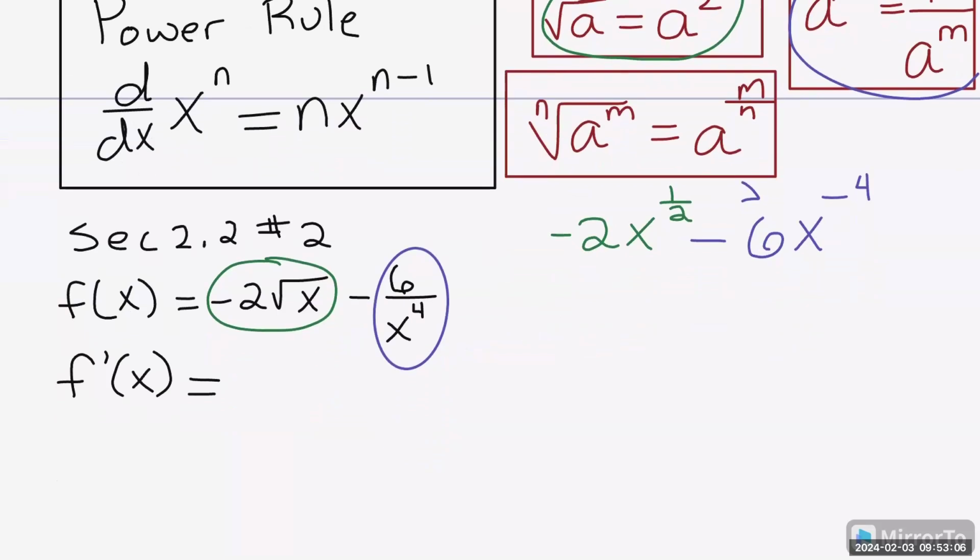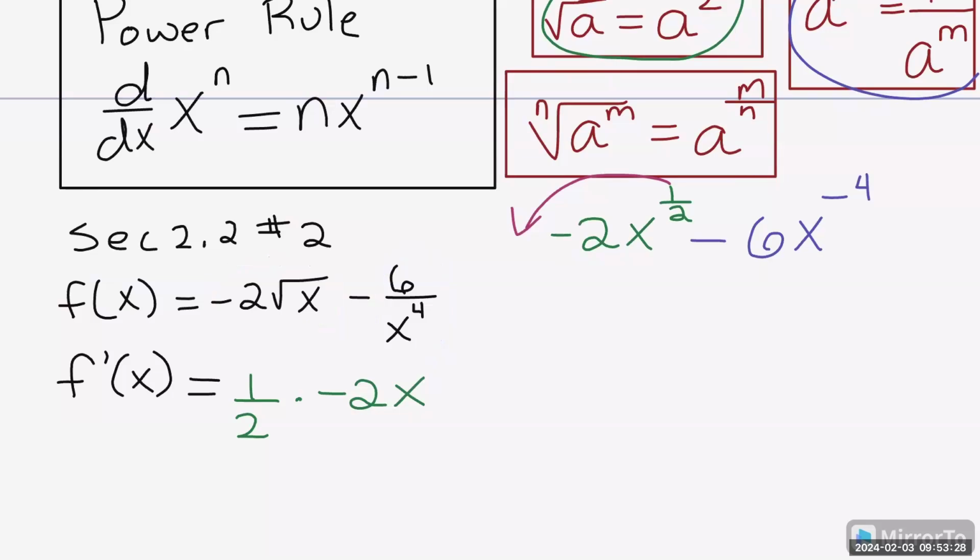So the exponent drops to the front. For the first one, I end up with, for my derivative, 1/2 times -2x, get rid of this, x raised to the power of 1/2 minus 1.